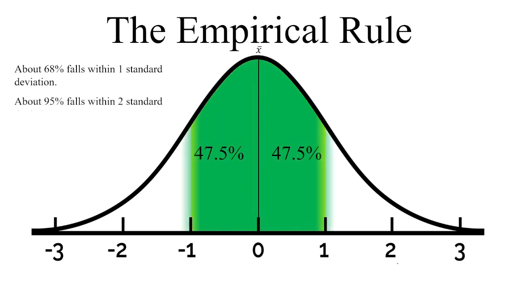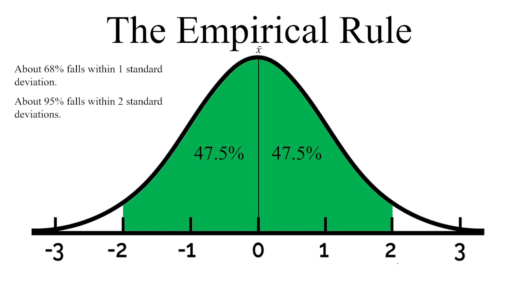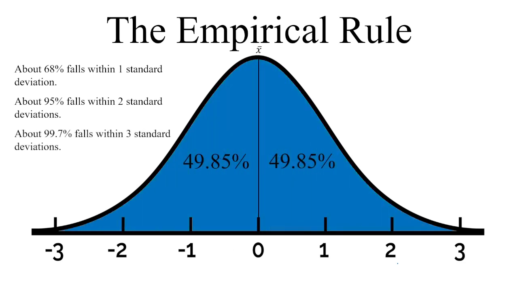Secondly, about 95% falls within two standard deviations. That means 95% of the data falls between two standard deviations below the mean and two standard deviations above the mean. Finally, about 99.7% falls within three standard deviations.